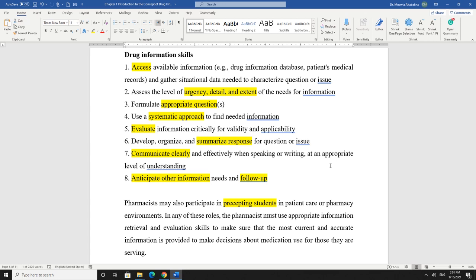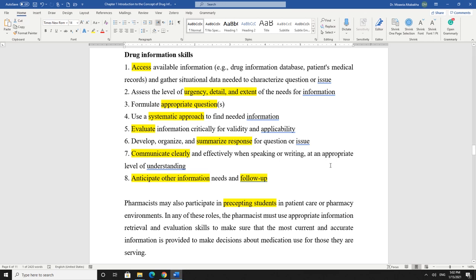And also you need to have patients' medical records, because you need to relate the drug information to the condition of the patient. So the skill is to be able to access a database, drug information database, patient records, or if you don't have access to patients' medical records, you should have a good background on the case that you have.